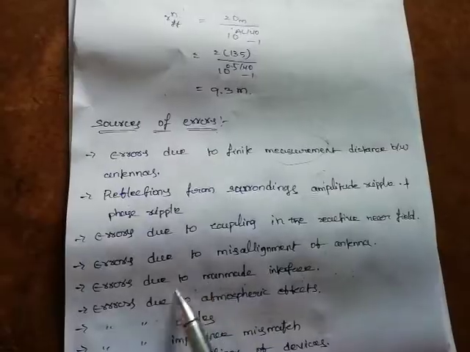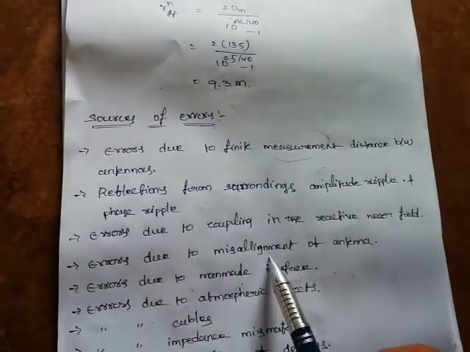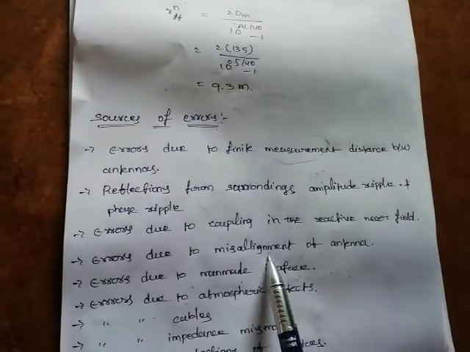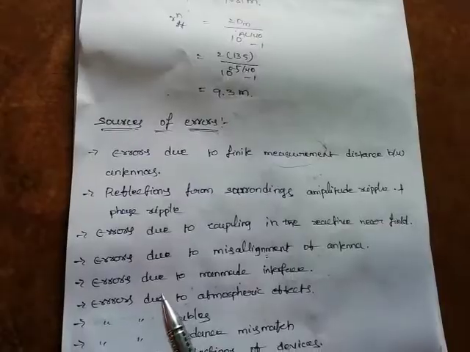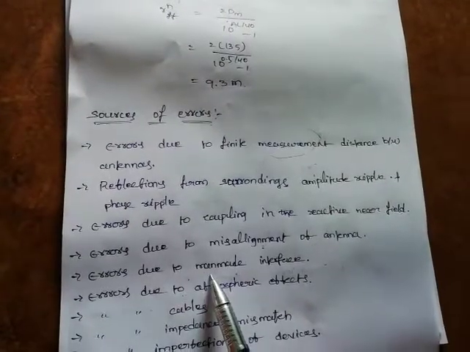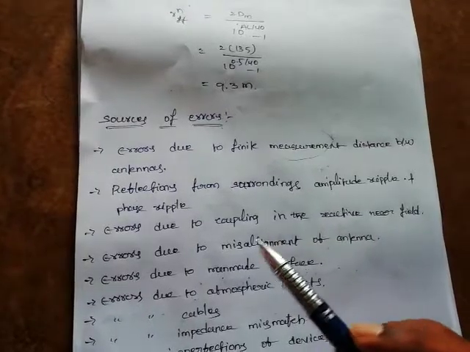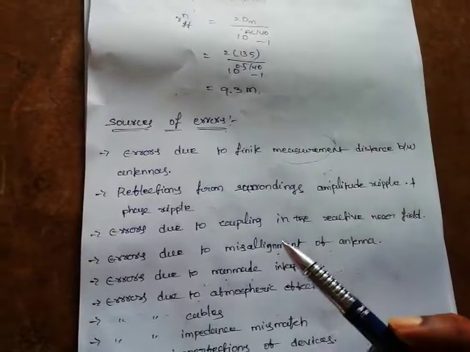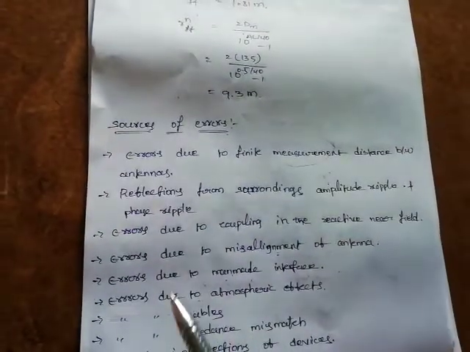Next, errors due to misalignment of antenna. Misalignment means arrangement, so if there is any mistake in the arrangement of an antenna, you will get errors. Next, errors due to man-made interference. When you are interfacing devices in designing an antenna without using particular parameters, you will get errors.